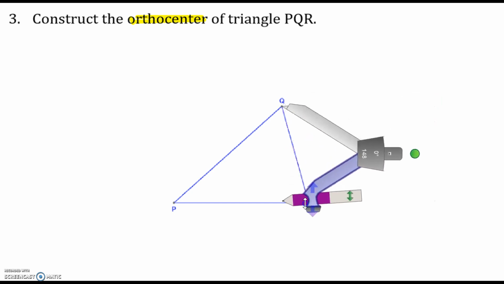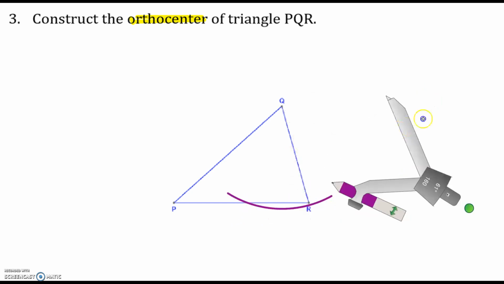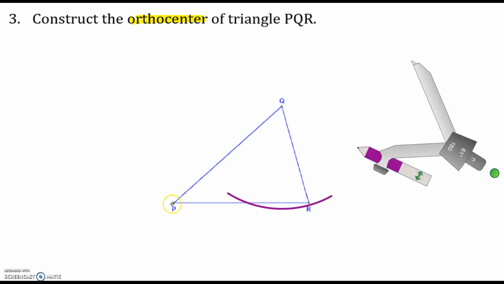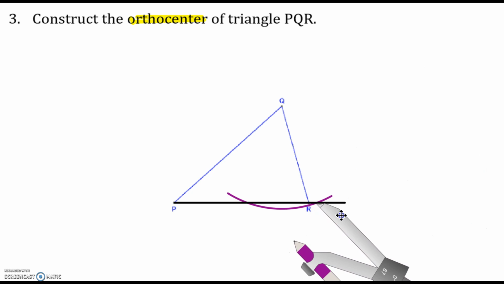And so we'll open the compass so that we can make 2 intersections. And if you do need to extend PR to make that happen, like I do, that is acceptable. And then you can, from those 2 intersections, make your 2 other arcs.